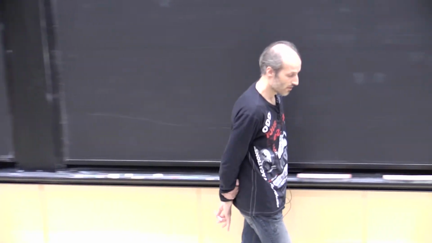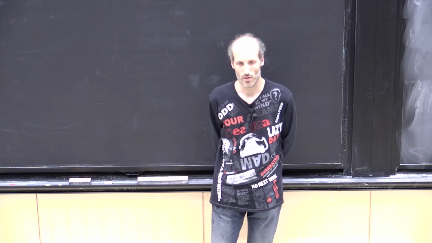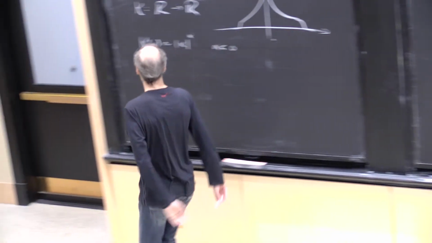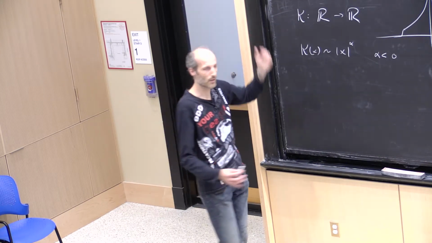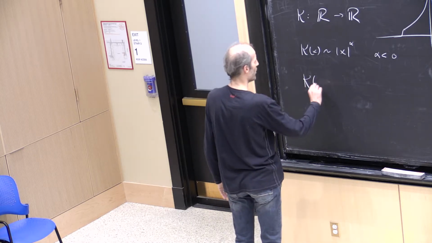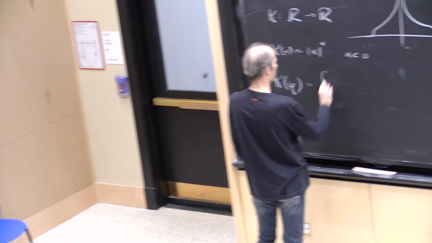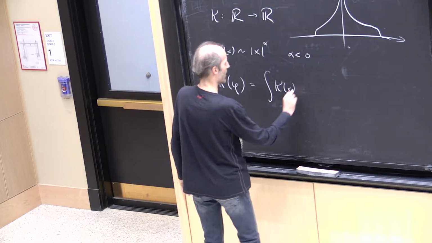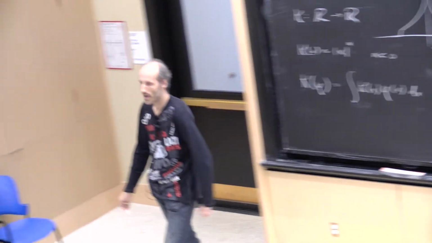And then you ask yourself, is there a reasonable way of defining a distribution which goes with k? Usually, if you want to interpret k as a distribution, you have to say how it acts on test functions. And usually the way that you turn a function into a distribution is by saying, well, you integrate k against your test function. Now what's the problem here?